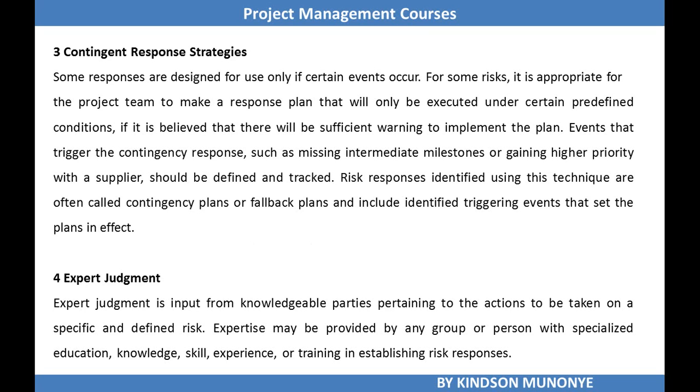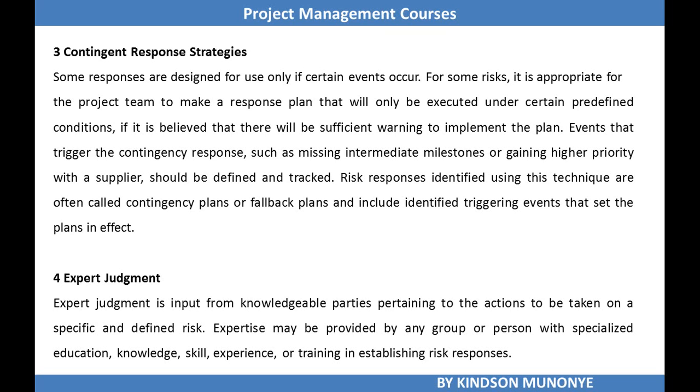Alright, let's now look at the third tool and technique, and that is contingent response strategies. Some responses are designed for use if certain events occur. For some risks, it is appropriate for the project team to make response plans that will only be executed under certain predefined conditions, if it is believed that there will be sufficient warning to implement the plan.